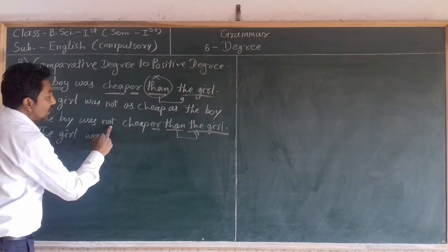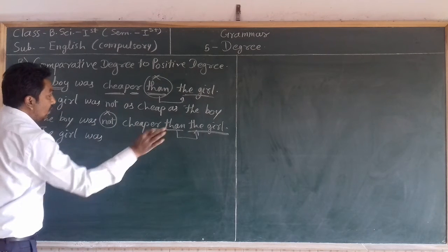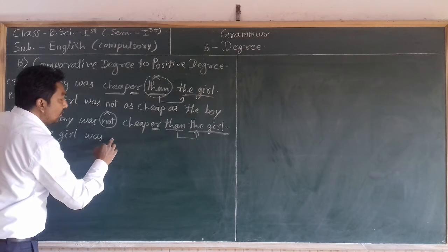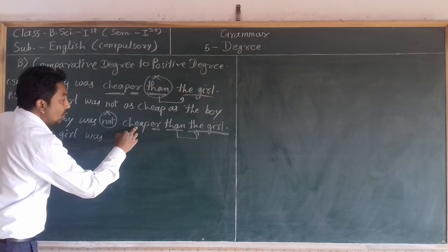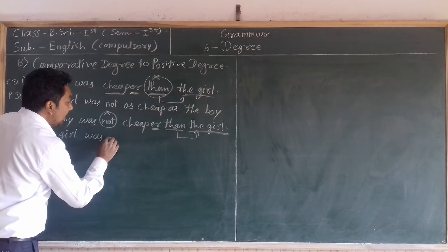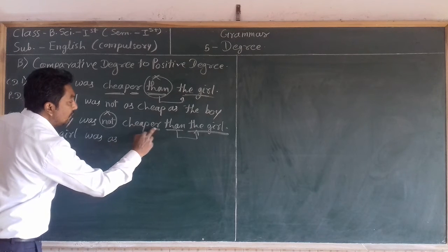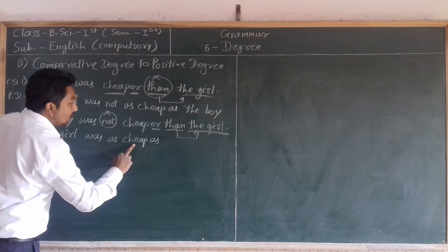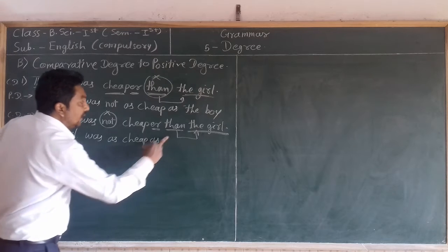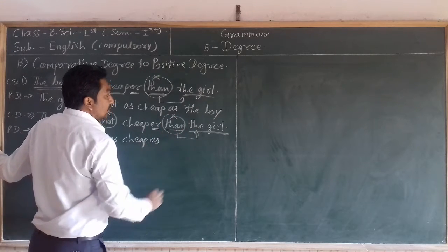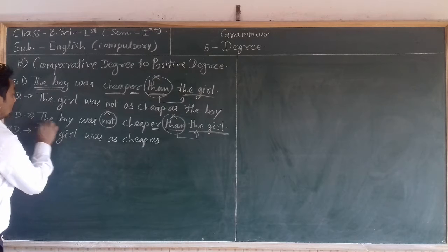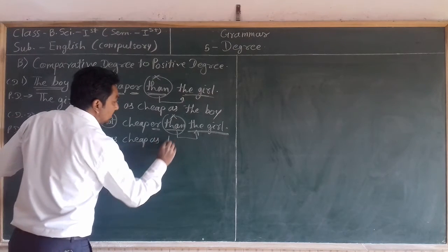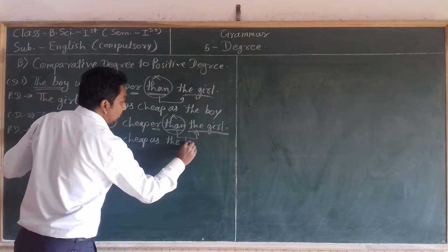If there is given no, not, never, this kind of words, take these out, and use the original form of the adjective between as. What is the original form of cheaper? The original form is cheap. We have written the original form between as. Then take out the word than, and after that, write the subject of comparative degree as the object of positive degree.